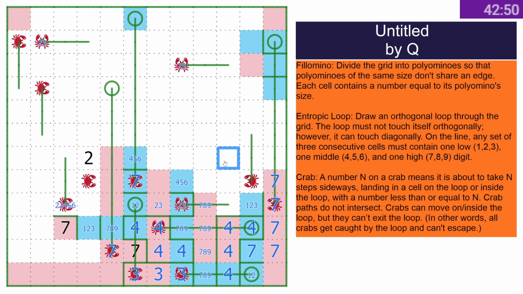If that is blue, then this does have to be 3's like that. 2's like this, 7's coming out like that. He could also be a 7 all the way up to the top, sadly.